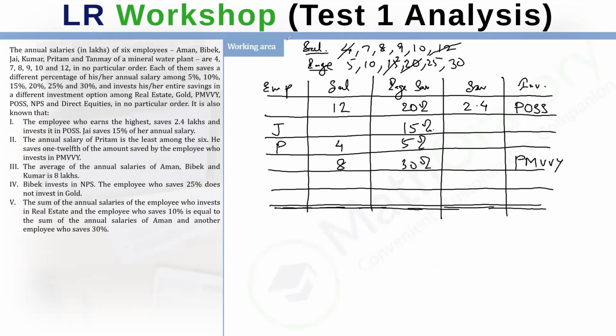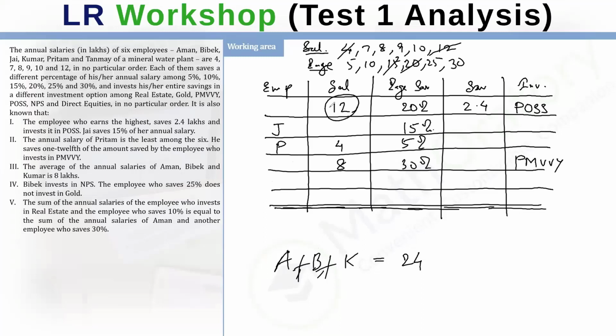Third point, average of annual salaries of Aman, Vivek and Kumar is 8 lakhs. Okay, so A, B and K have an average of 8 lakhs, a total of 24. If I consider it from the average point of view itself, if I look at the salary value, see, ABK cannot take a 4, right?